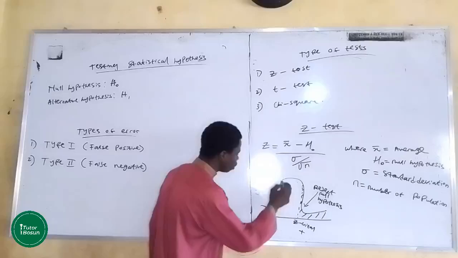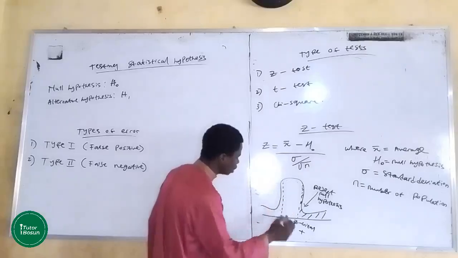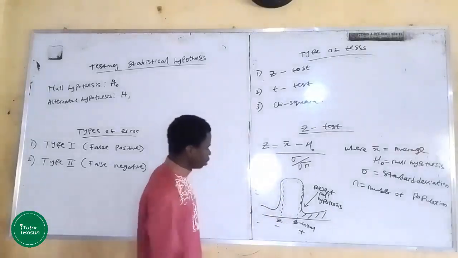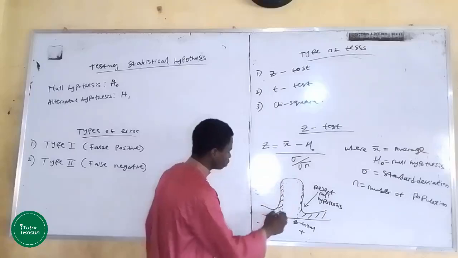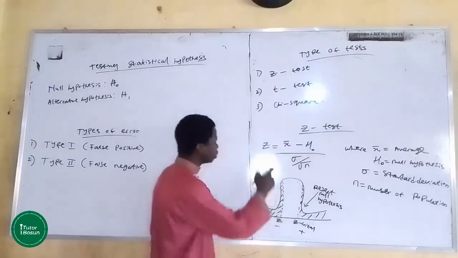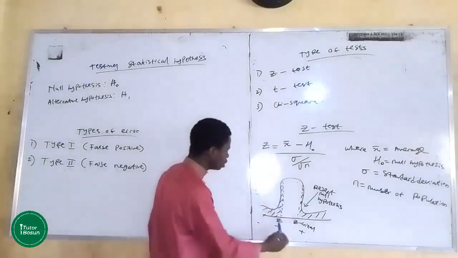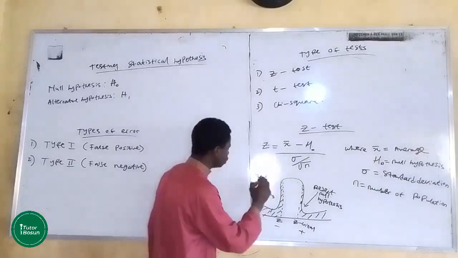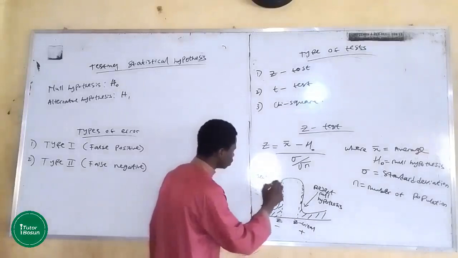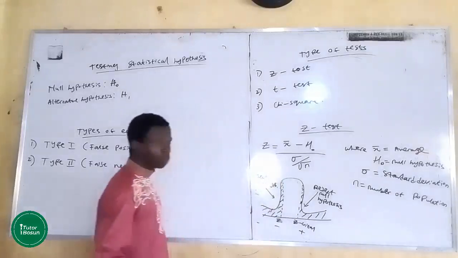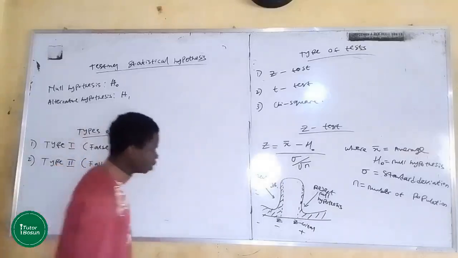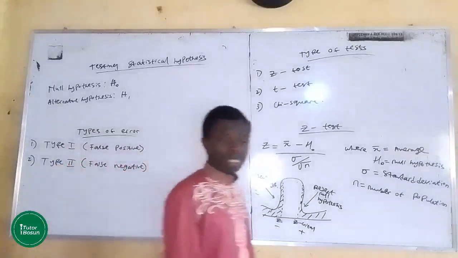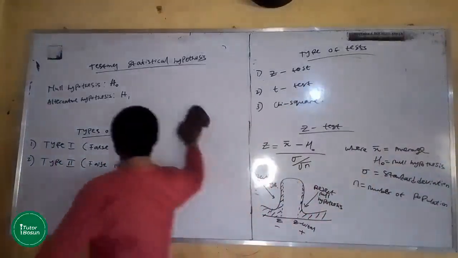But let's say your critical value is negative, when your critical value is negative, you have this region, and your z calculated falls into this region, you also reject the null hypothesis as well. So without wasting much of our time, let's move into the first example.